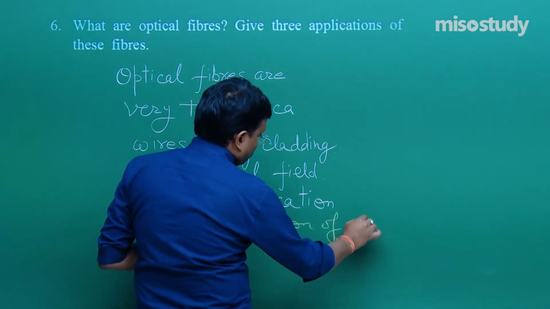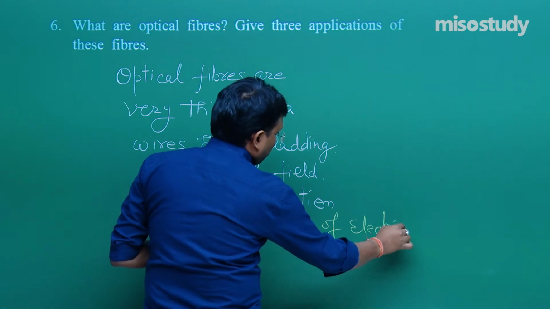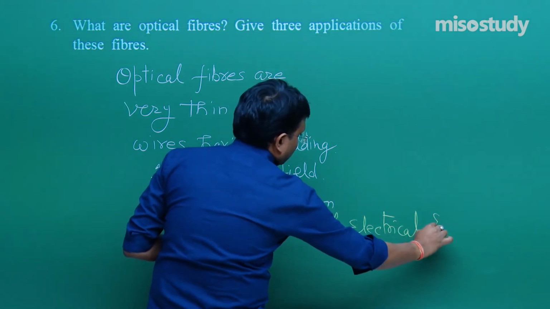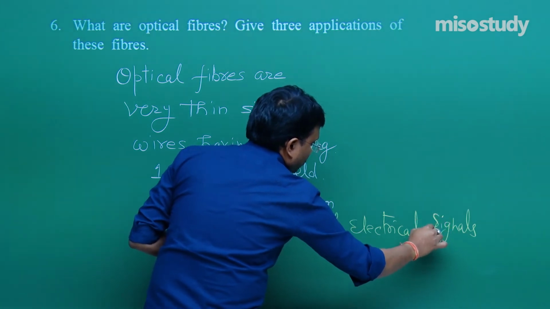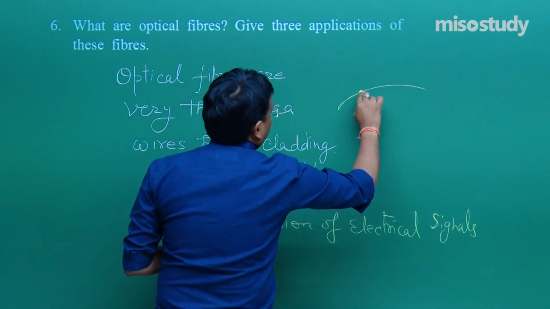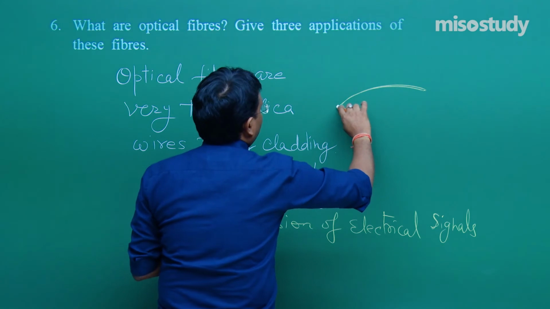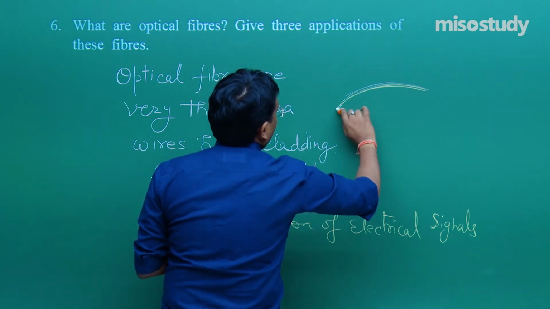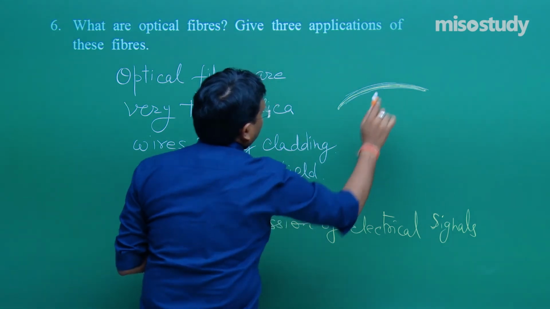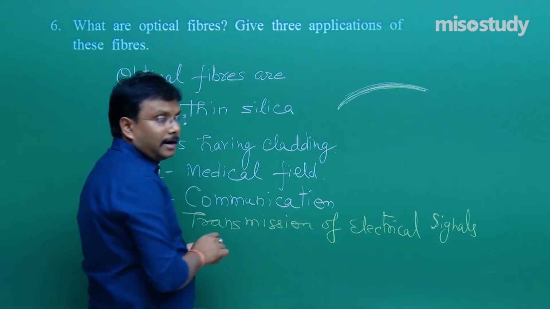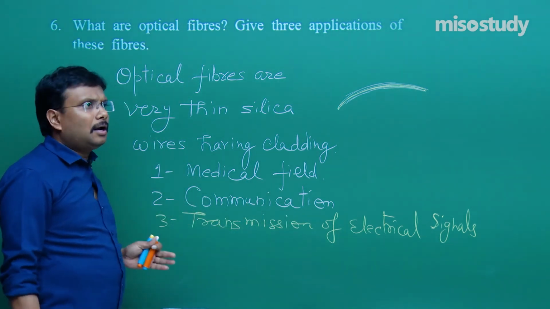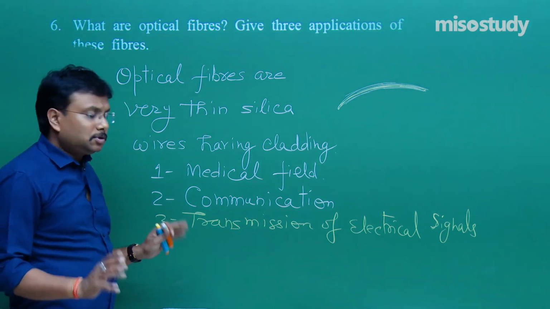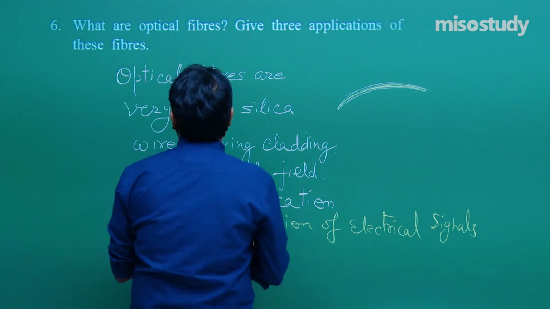The structure is like this, and outside of it there is a cladding. Inside there is a core, and there is one cladding. So in 3 marks you can provide this type of information, like half a page, and you can score 3 marks.